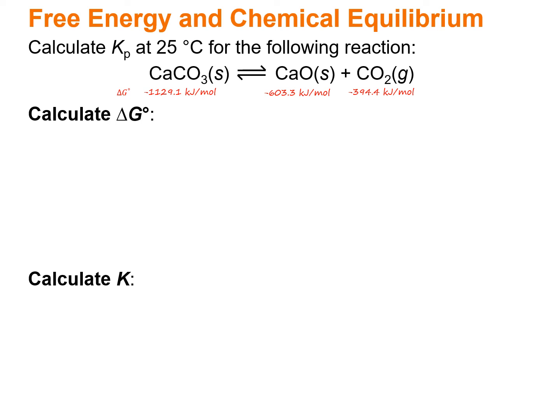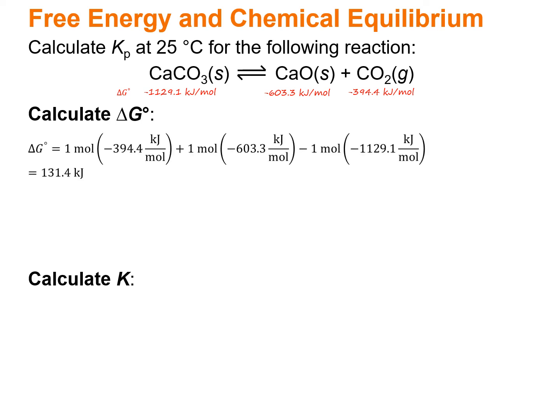It's going to be products minus reactants as we've done before. And when we calculate the delta G for that, just remembering the 1 mole out in front, we end up with 131.4 kilojoules.